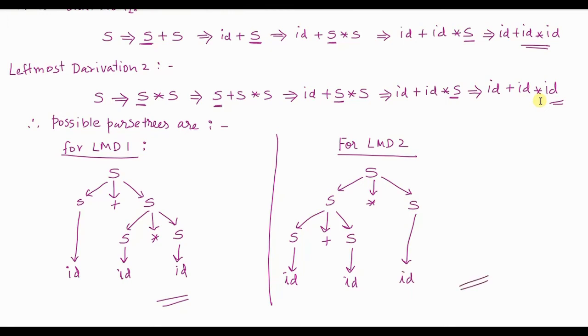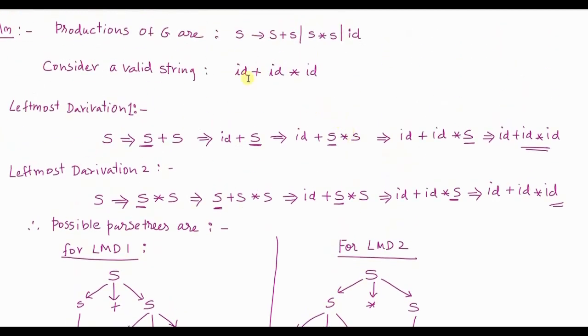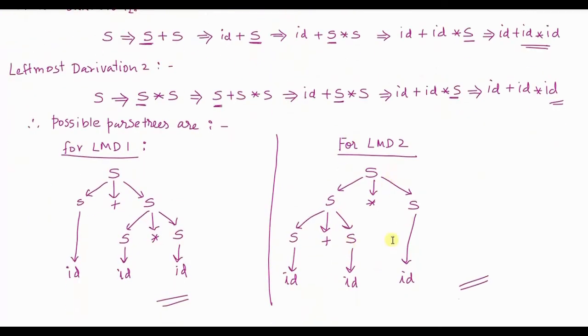So are we getting two parse trees? This is one parse tree for the first leftmost derivation. For the second leftmost derivation, for the same string ID plus ID into ID, this is another parse tree.